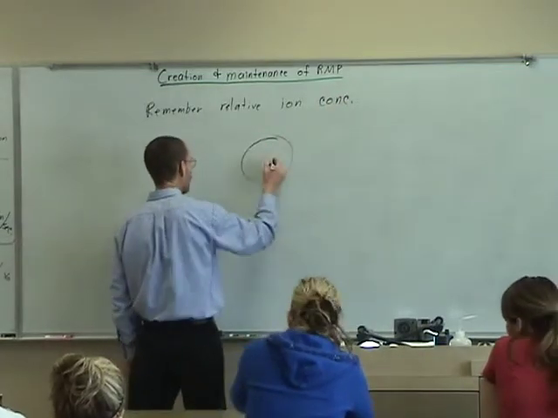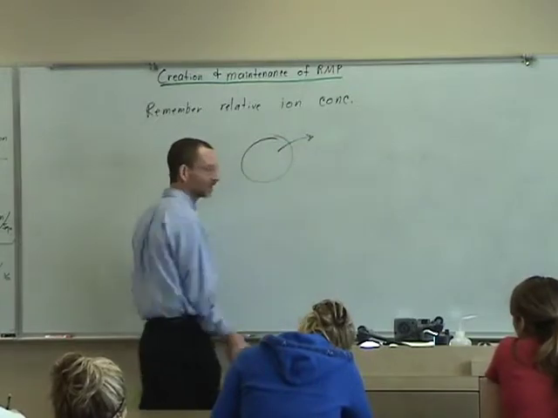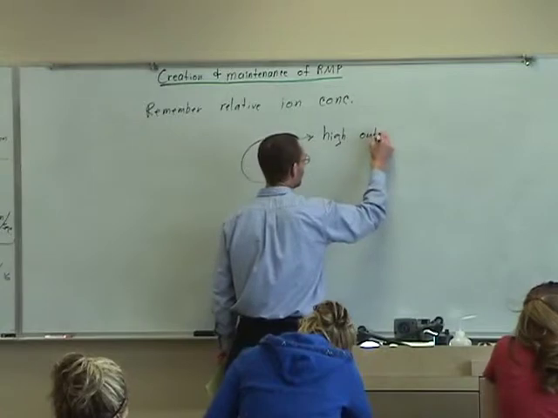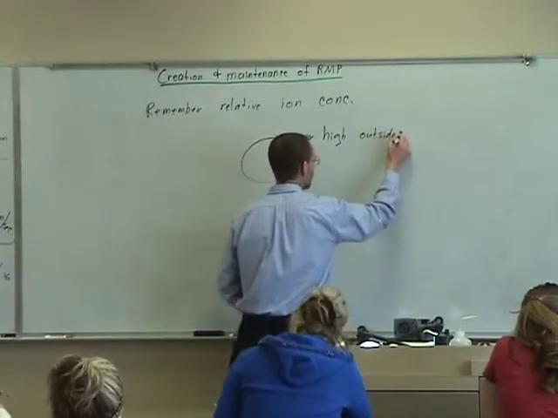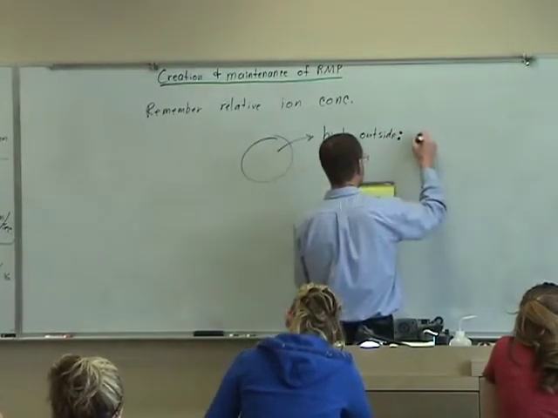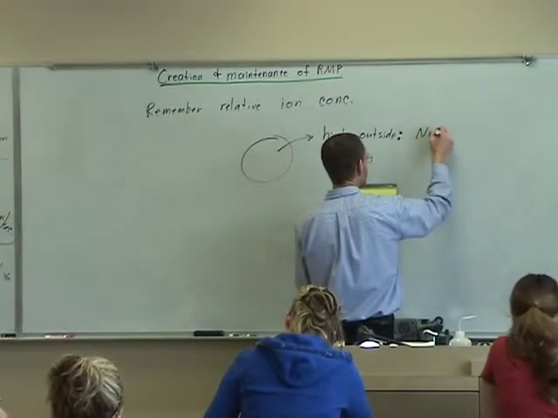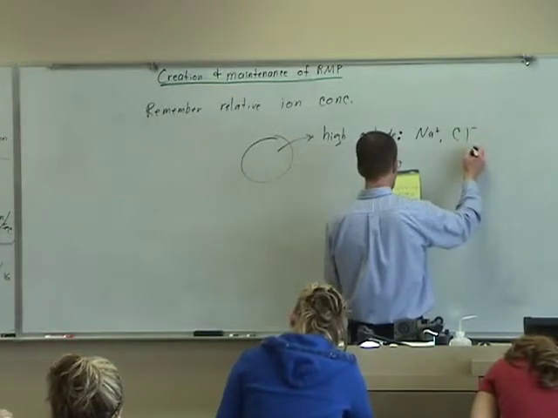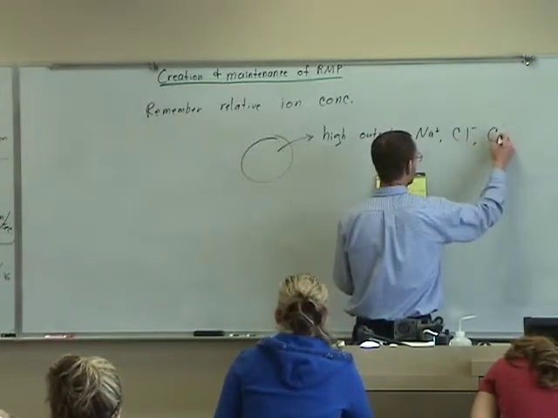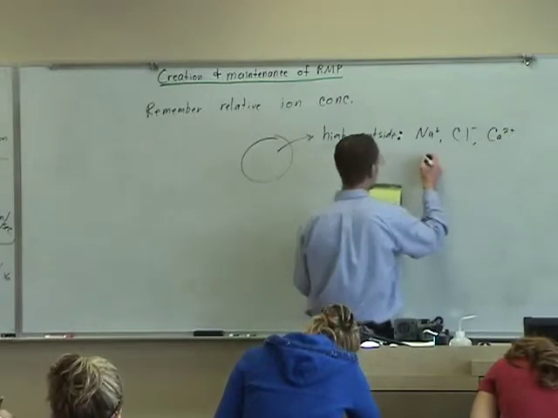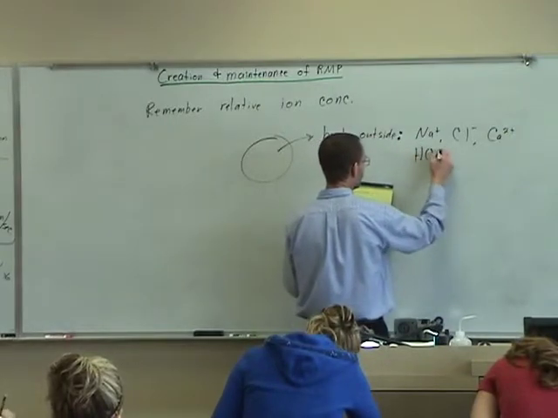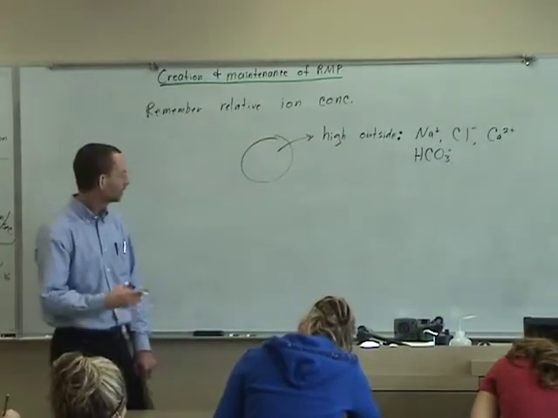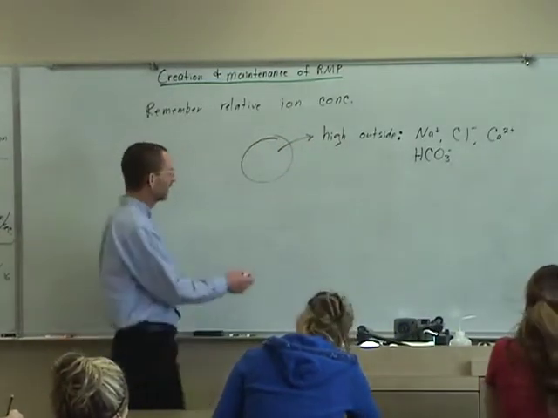If this is our cell, high on the outside, there is relatively more sodium than inside, chloride ions, calcium, and bicarbonate, HCO3 minus. So there's relatively more of that outside the cell than inside.